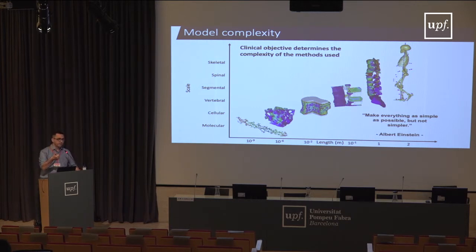Otherwise, there can be two big problems. One, that you can't find the answer if the model is too simple. Or the other one, that your answers or results will be too difficult and very far from the understandable level of everybody.